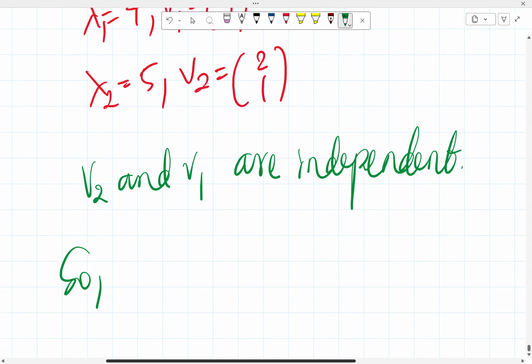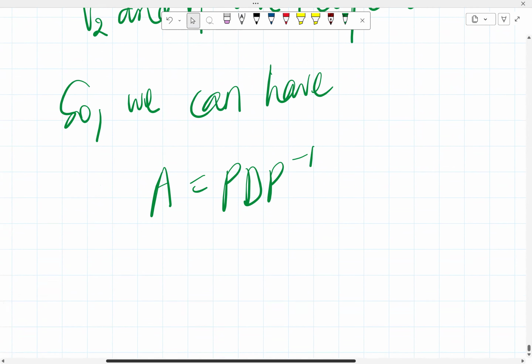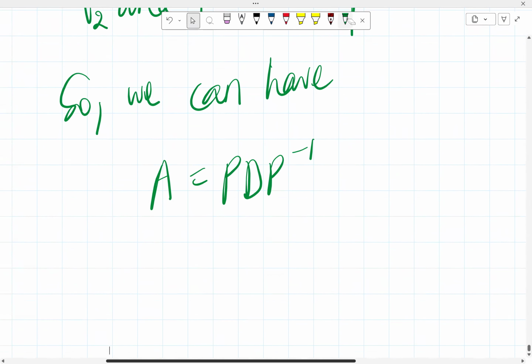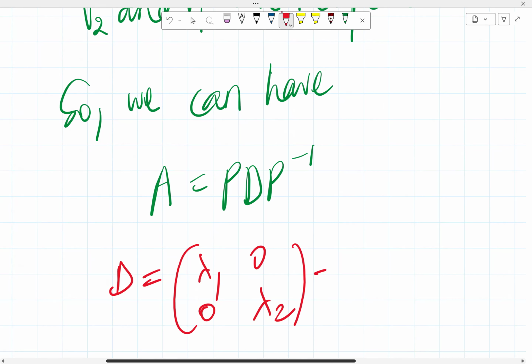So we can have A equal to PDP inverse. Maybe we can start with D. D is the matrix of the eigenvalues, so D is equal to lambda 1, 0, 0, lambda 2. So follow the order.